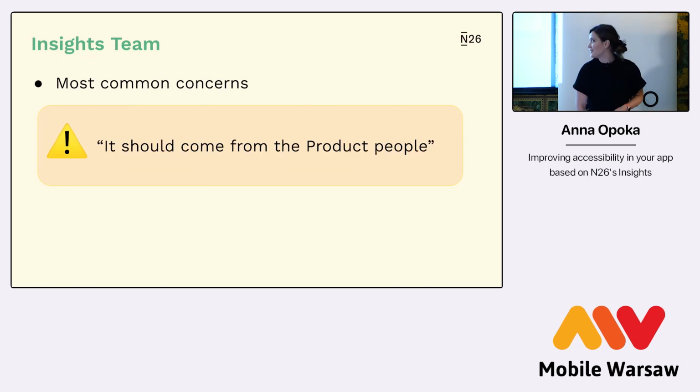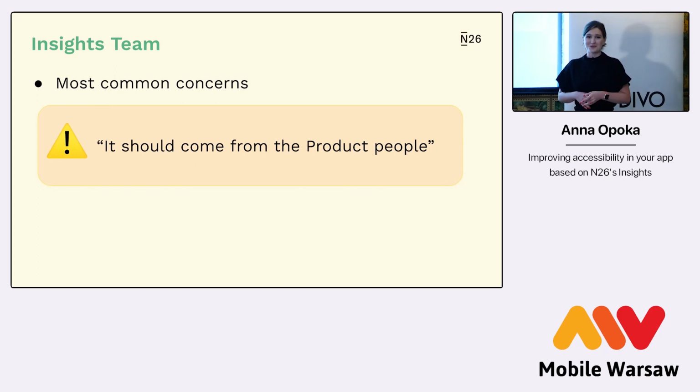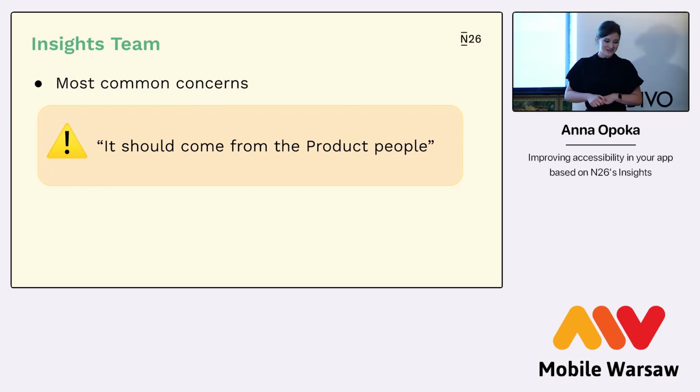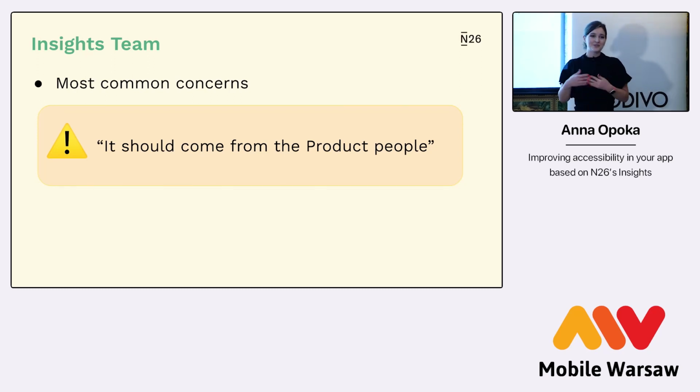Let's go to the next concern. It should come from the product people. It's a super nice excuse to just throw responsibility at someone else. It's a tough one because I also agree with this, because if it's a product decision, then probably it will also be considered on the design level. There should probably be more processes set up around this already to support it.